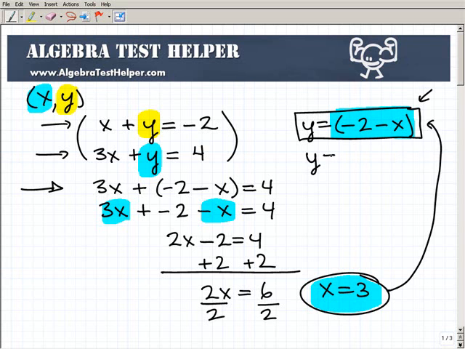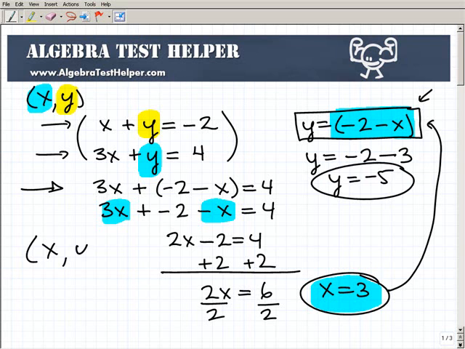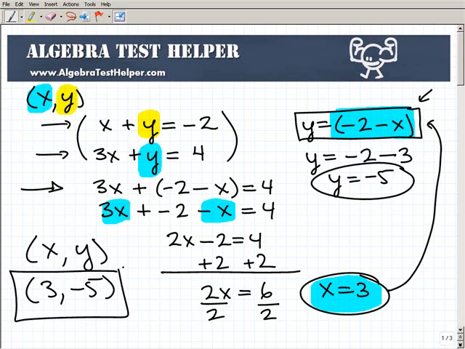So y is going to be equal to minus 2 minus 3, where y is equal to negative 5. And that's it. That's the solution to your system. So your x, y point is going to be (3, -5). And just be careful when you're writing down these ordered pairs that you don't reverse them accidentally.